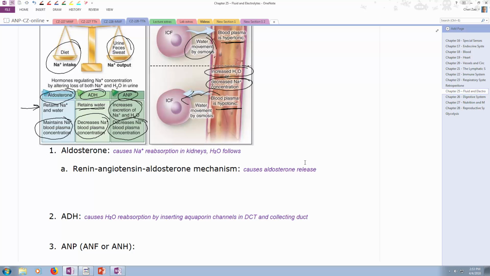So let's take a look at aldosterone. It causes sodium reabsorption in the kidneys, and therefore water follows. Remember, it is released from the adrenal cortex, and is a mineralocorticoid.